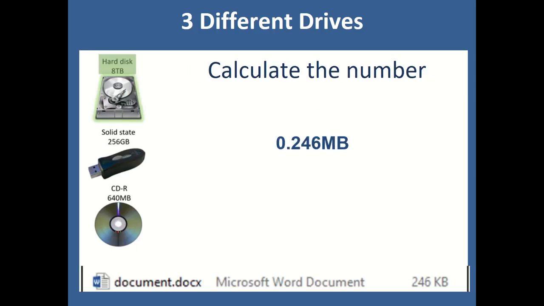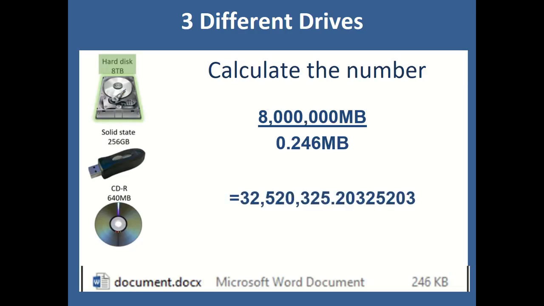So we're now going to calculate the number. 8 million megabytes is divided by 0.246, which gives us 32,520,325.203. Remember, we round that down because we wouldn't put that last document on, meaning it would be 32,520,325.